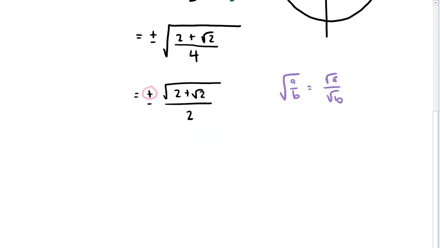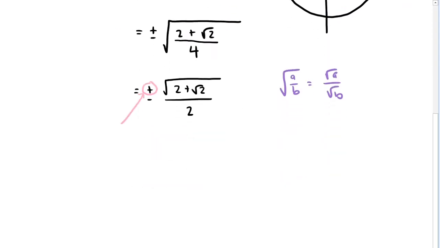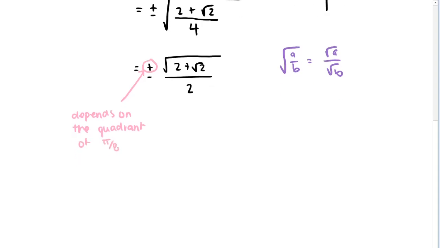So here, this choice of sign depends on the quadrant of pi over 8. The fact that this is in quadrant 1 means that the result of this cosine expression is going to be positive.